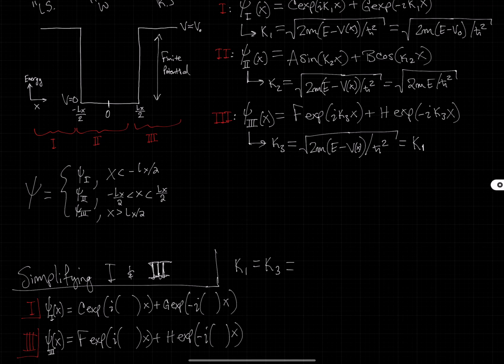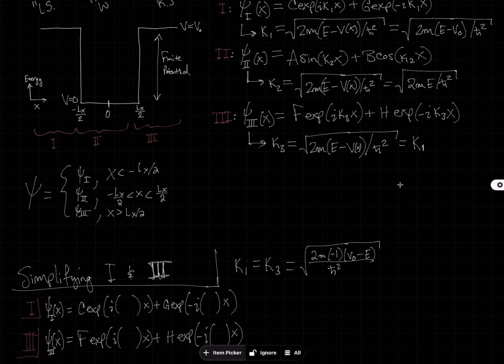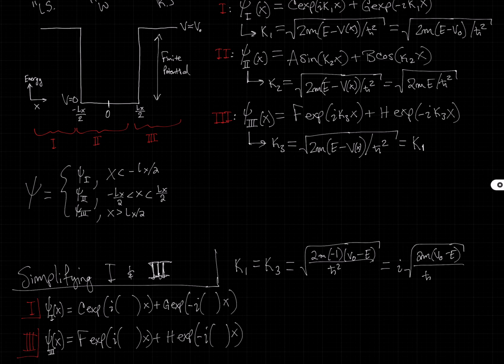And we can see here that if we switch around the order of the subtraction, so all I did here was I switched around E and V naught, and I added a factor of minus 1, which allows me to write this as i times the square root of 2m(V naught minus E) over h bar squared.